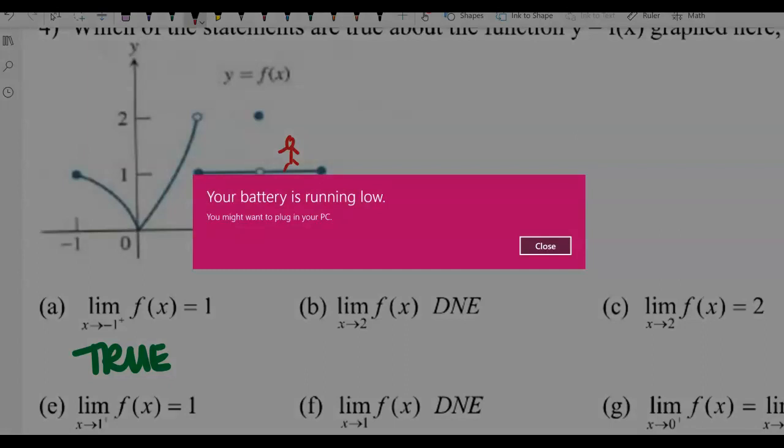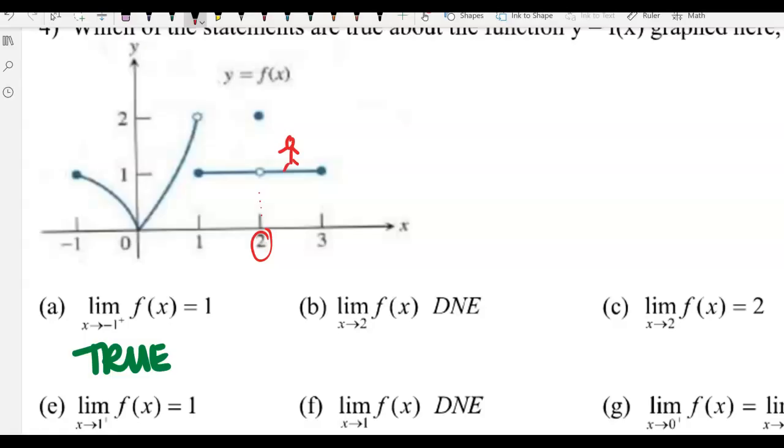It's just what the y is getting closer to. So the right is 1. How about the left-hand limit? As we're getting closer and closer to x equals 2, what is the y getting closer to? Also 1. They're the same. So does it exist?